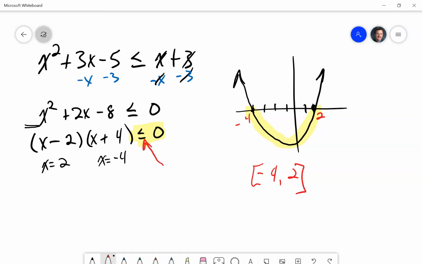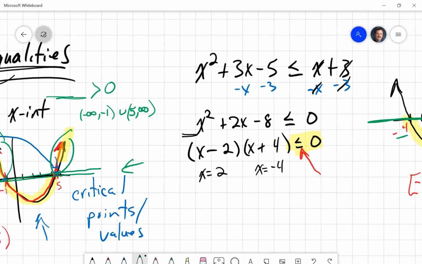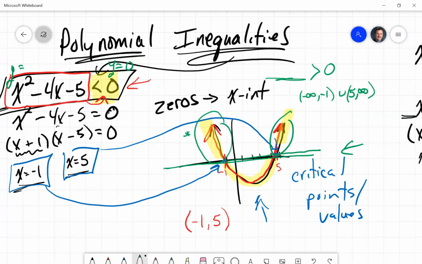So I'm not only concerned about where is it below the x-axis, which is that imaginary line there. I'm not just concerned about where is it below, but also where is it equal to 0. And equal to 0 would actually include being on the x-axis, and that would happen at these two particular critical values. So that's why this time it's in brackets, and the previous time why we had it in parentheses.